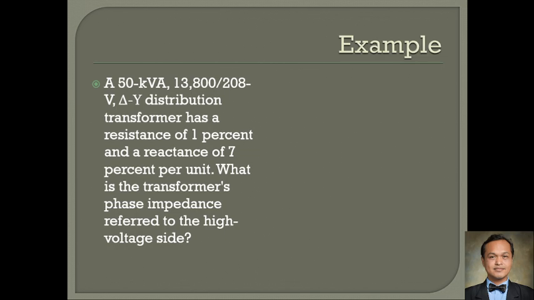What is the transformer phase impedance referred to the high voltage side? Of course, as we analyze every problem, the first thing we do is look at what is given in the problem so that we will know how to solve it. So for the apparent power, S is equal to 50 kVA.